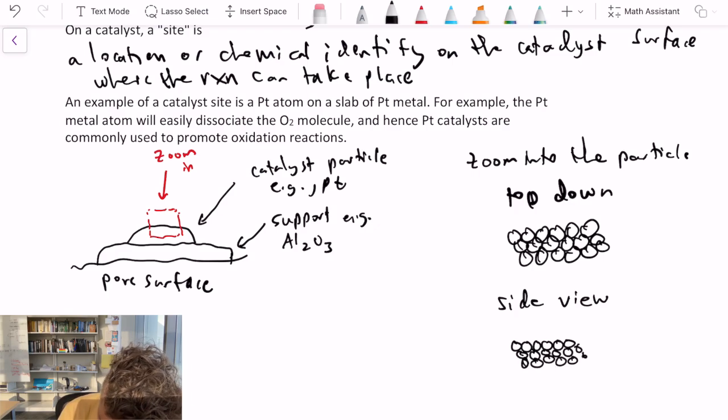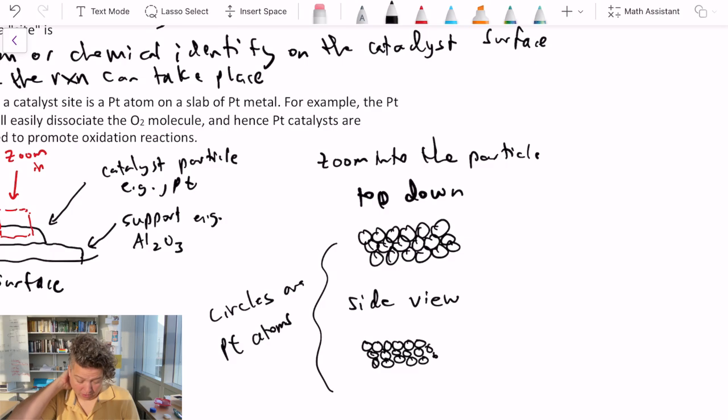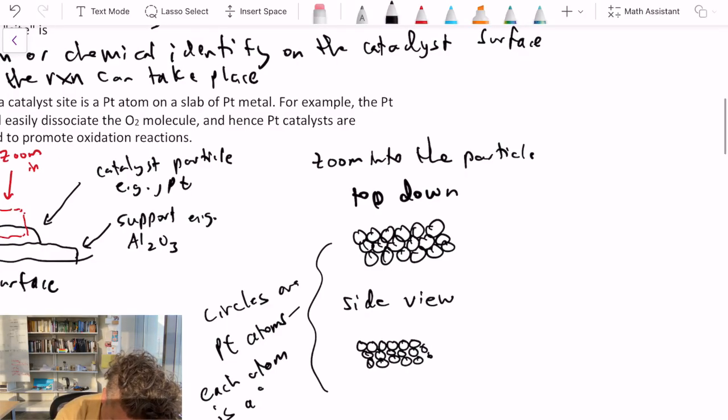So now I have some thickness in the second view. These are a bunch of metal atoms, and each atom is a site. So we can illustrate this.